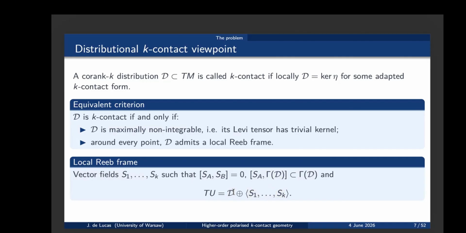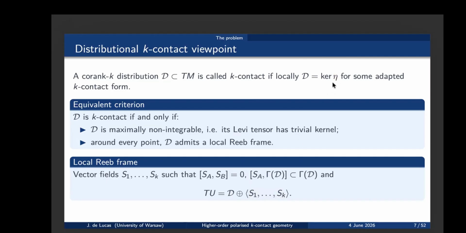The thing is, local Reeb frames, there are lots of them, or sometimes there is just one. It depends on the case. They are defined locally, and looking for them can sometimes be tricky. But in our experience, in many cases it's easier to get this local Reeb frame than to obtain the associated k-contact form.